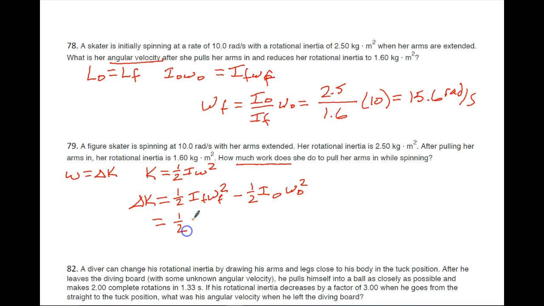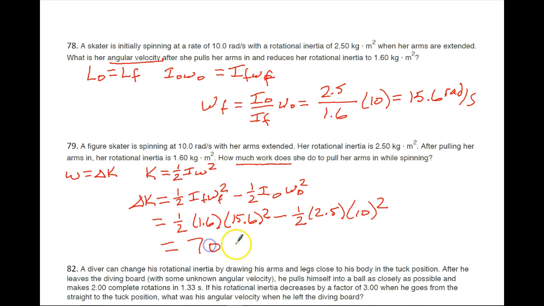This would be 1/2 of 1.6 times 15.6 squared, and we got that from up here. And then that's minus 1/2 of 2.5 times 10 squared. And so when you do your math, you should end up with somewhere around 70 joules.